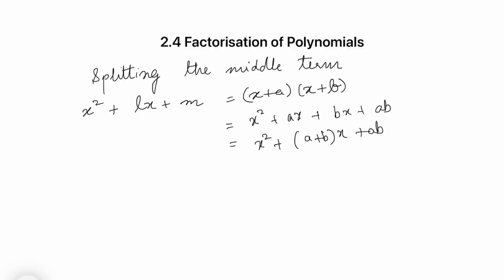So if we equated the coefficients of terms from both sides, we would get l is equal to a plus b and m is equal to ab.